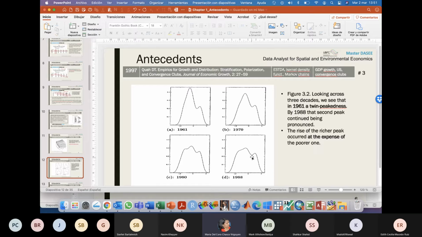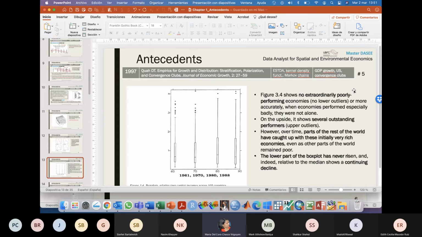Perhaps you don't see a great rise, but since this is more flattened, what we see is that this mode continued and was even higher than the other one, but at the expense, because it is flattened, of the middle class income, because it is per capita income. So it is the middle class, the main mode. So also a very worrying result.